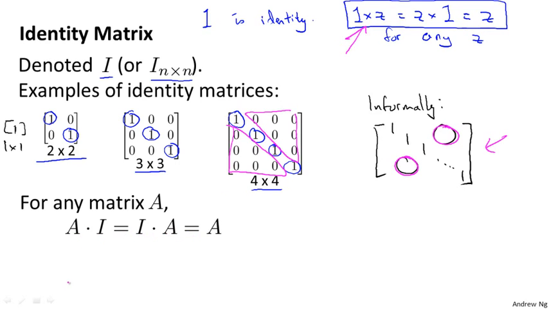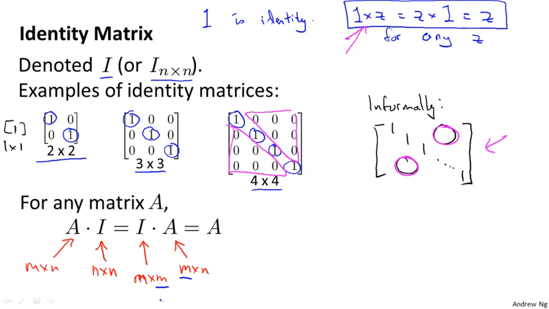Just to make sure we have the dimensions right: if A is an m by n matrix, then this identity matrix here is an n by n identity matrix. And if A is m by n and we multiply on the left, then for matrix multiplication to make sense, the identity has to be an m by m matrix, because this m has to match up with that m.